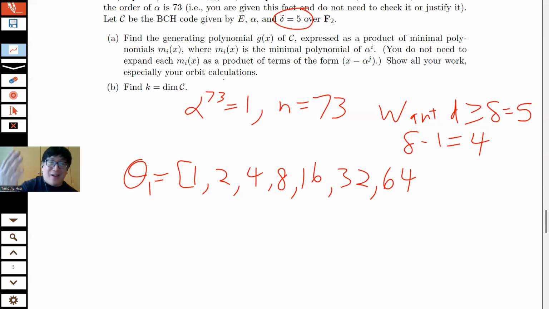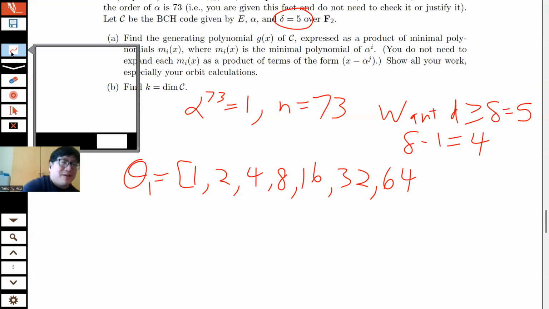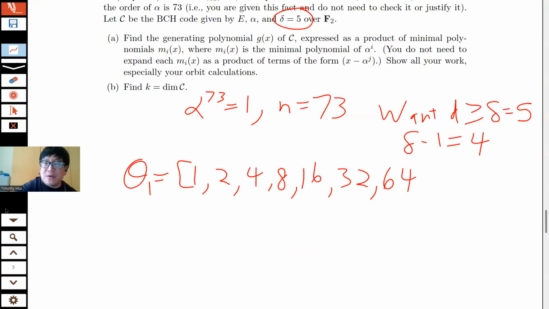If we get anything other than an orbit of size 9, something will have gone wrong. So I'm trying to cover my bases here. All right, so 128. Let me do that in green. 128 minus 73 is 55.